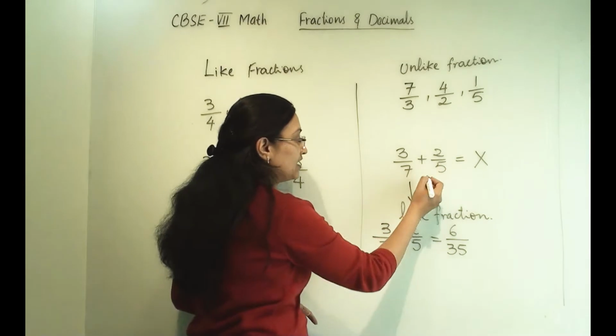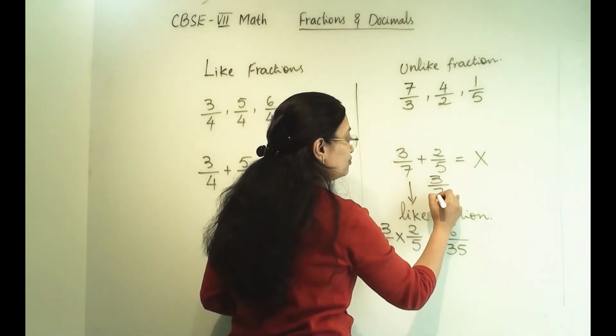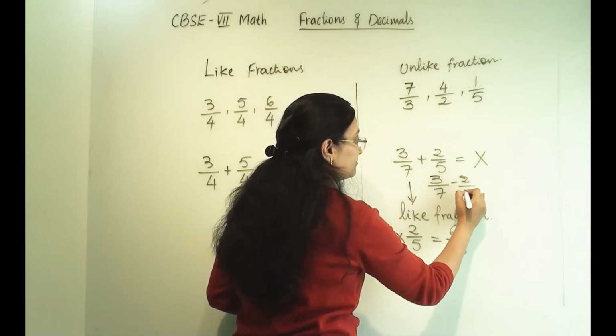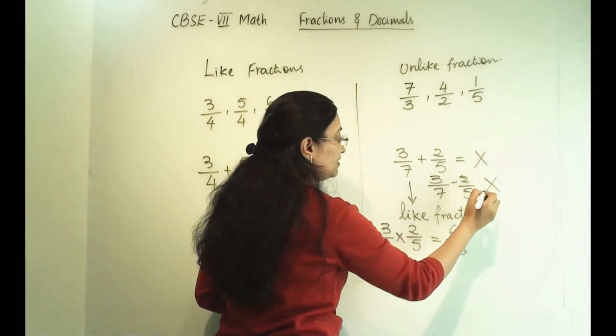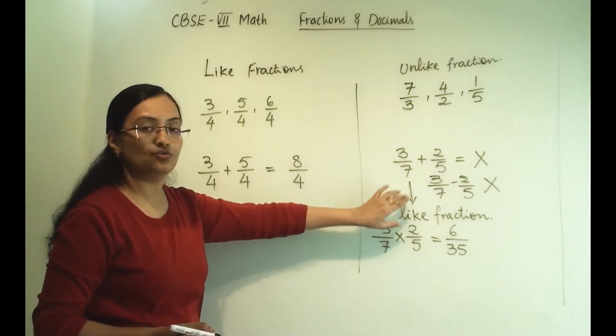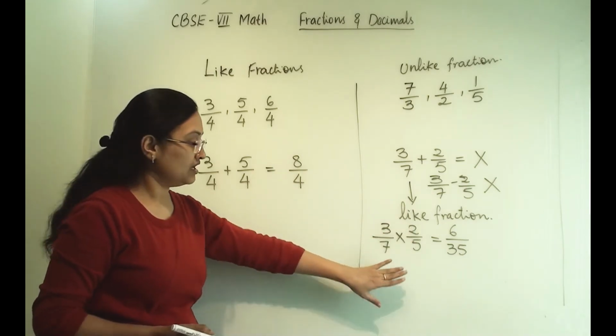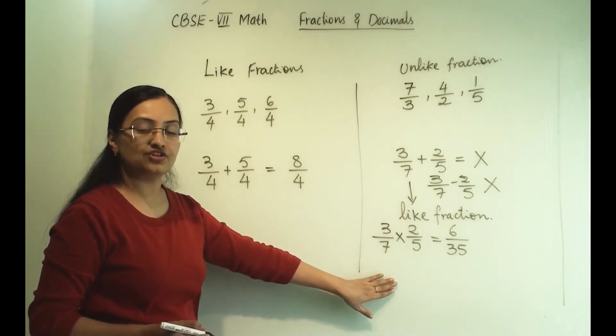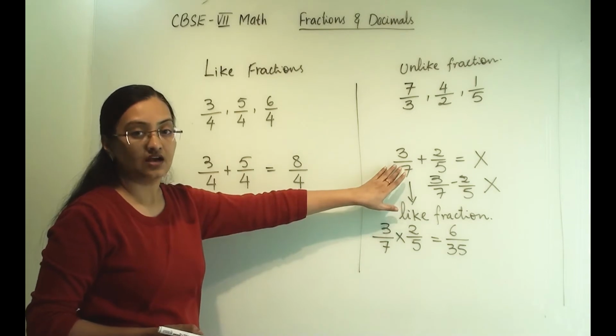So addition we cannot do and we cannot do the subtraction. First we have to convert them into like fractions, then only we can do addition and subtraction. But multiplication and division we can do even if they are unlike fractions.